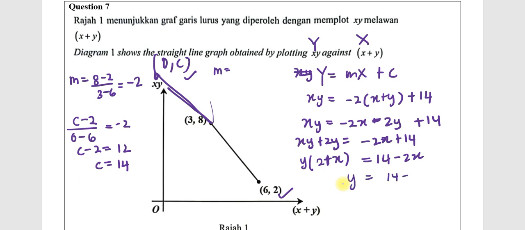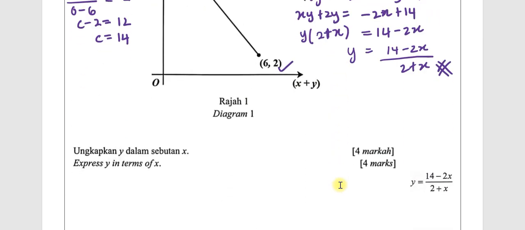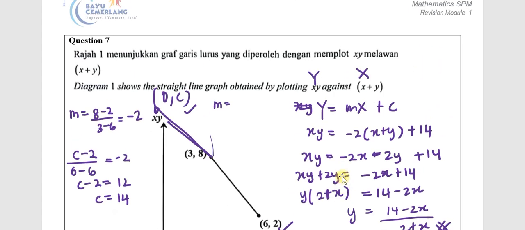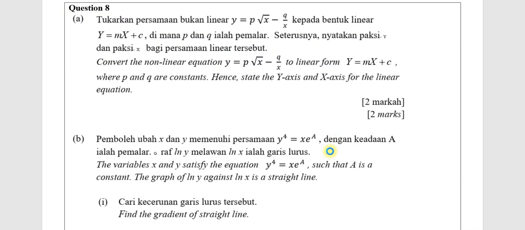So y is equals to 14 minus 2x over 2 plus x. Okay, same thing. Why I swap the position? Okay, like negative x plus 3. This is my style of writing lah. I will always put the positive minus the negative lah. It's the same thing. If you just put negative 2x plus 14 doesn't matter lah. Okay. Ini lagi nampak ceria sikit lah. Okay. So question 7 done. Question 8. 2 more to go.